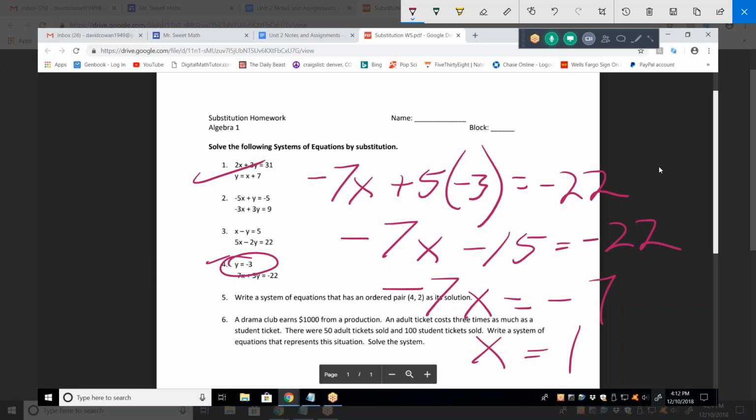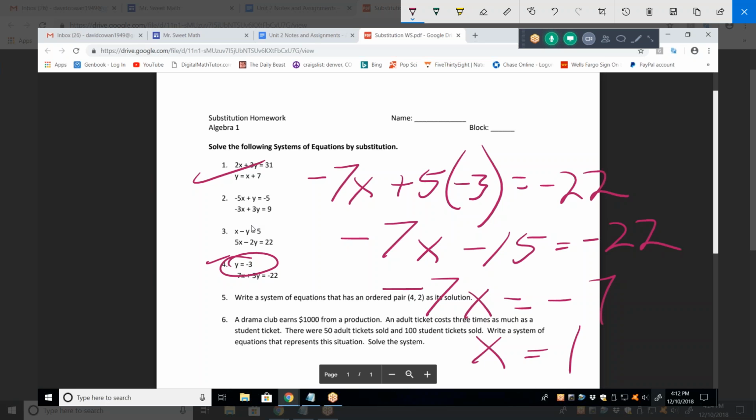Okay. Now, can we go back and try some by elimination? Because they kind of go together. And frequently you're going to have to choose on your own which method to use. For instance, problem number 2 here would have been a little easier to solve by elimination, because both equations are in standard format.